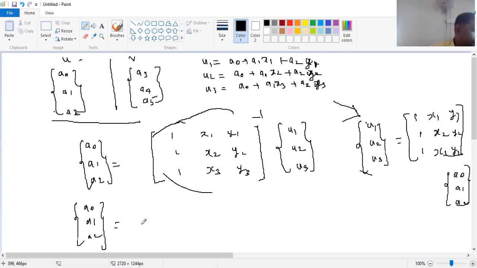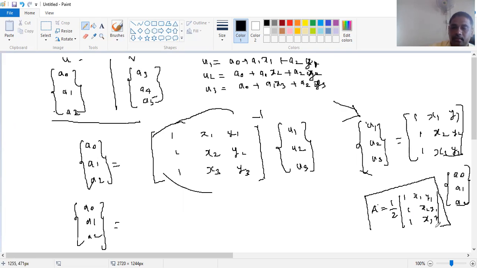If you want to calculate the triangle area, it is equal to 1 by 2 of the determinant 1 x1 y1, 1 x2 y2, 1 x3 y3. If you calculate the modulus like this, it will become the area of the triangle. So from this equation we will get one value.